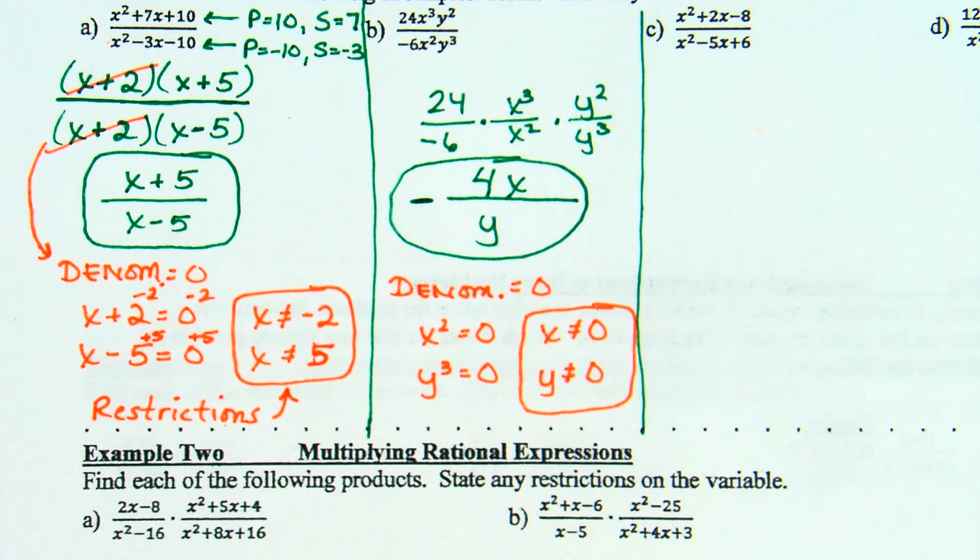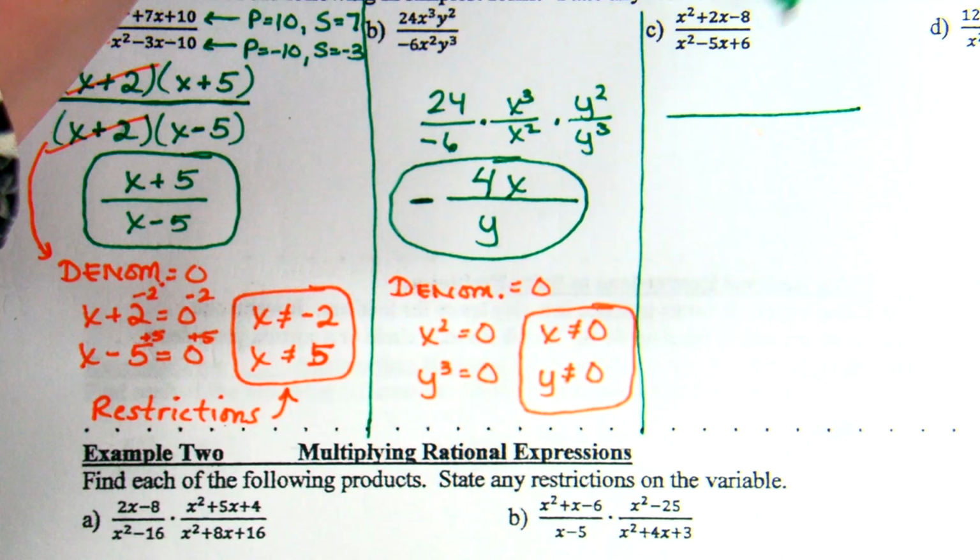C, x squared plus 2x minus 8 over x squared minus 5x plus 6. What do I need to try and do? Factor. Factor, factor, factor.